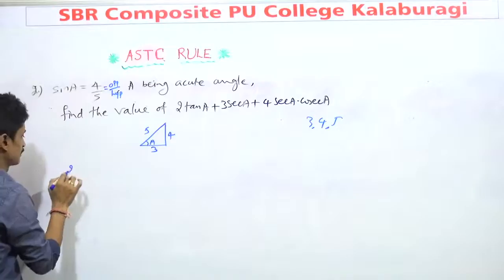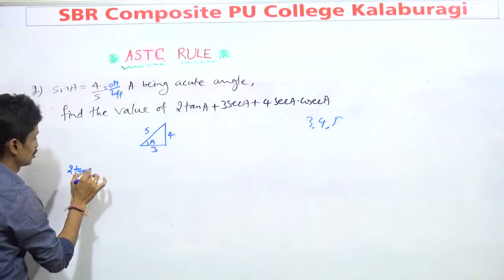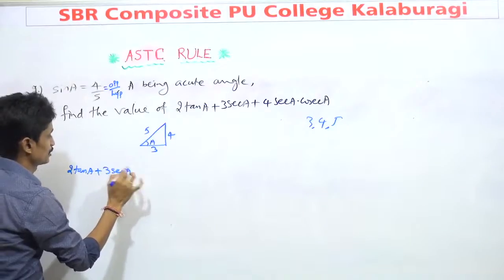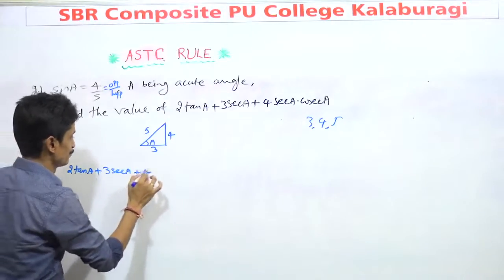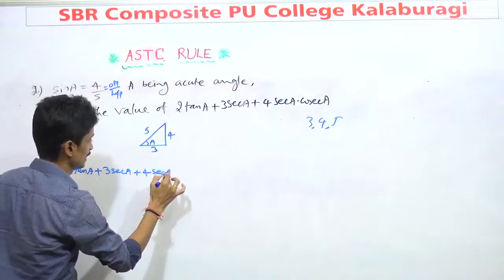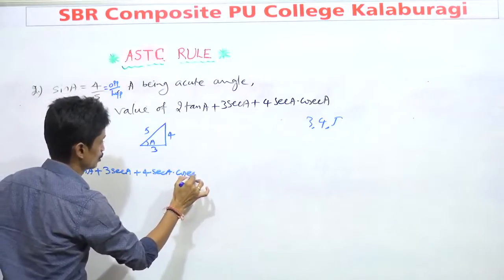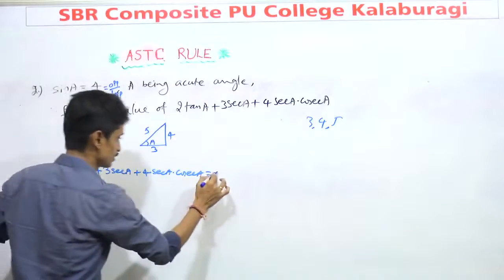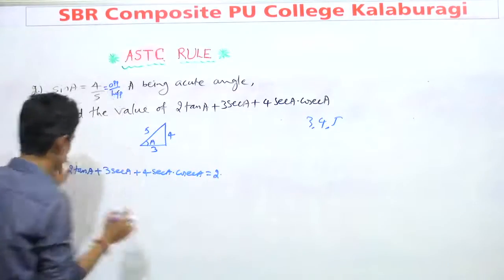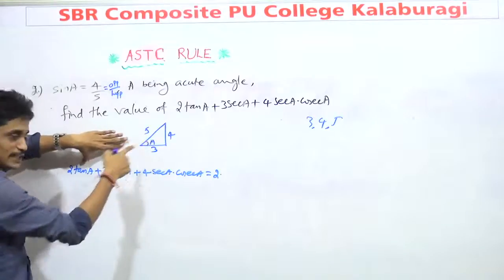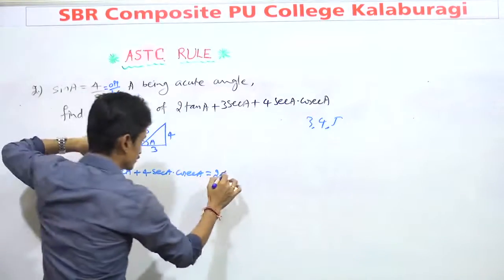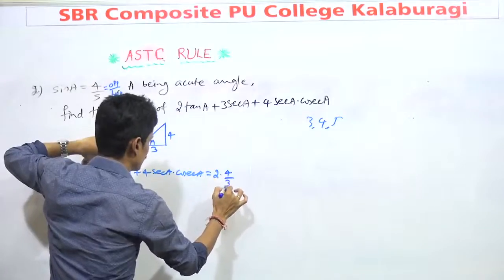Directly we can write 2 times tan A, 3 times secant A, 4 times secant A into cosecant A. This is their expression. This 2 we write as it is into tan A. Tan A is opposite by adjacent, it means 4 divided by 3.